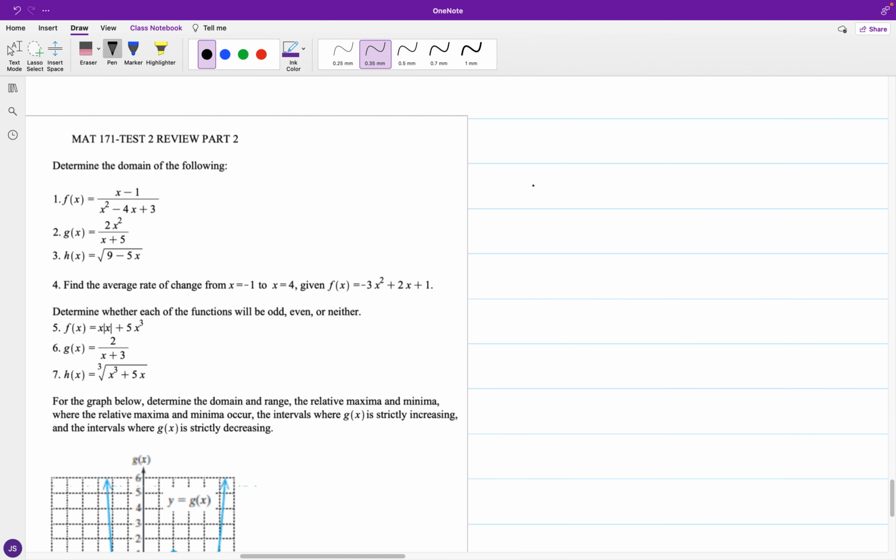Okay, with the function f of x, you have x minus 1 all over x squared minus 4x plus 3. And again, for this rational function, the restriction is that the denominator cannot be 0 in value.